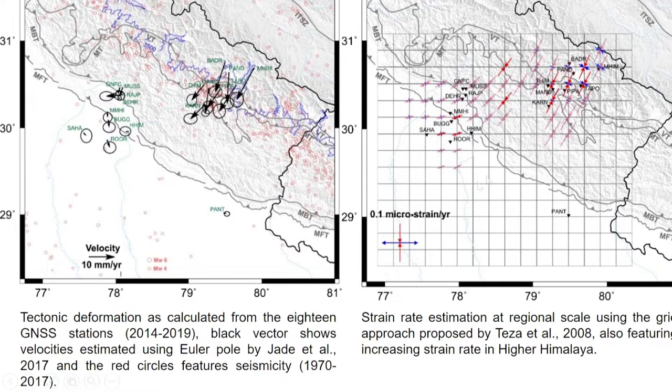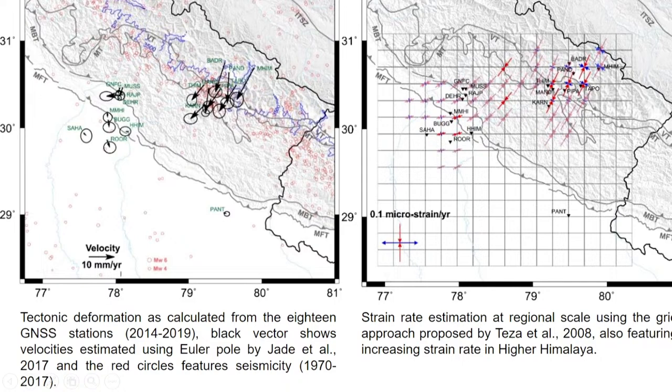With the help of this formulation, this strain rate has been estimated, and you can see the pattern, the orientation, and the kinematic nature of this Indian plate and Himalayan system, how the compression is going on, how the convergence is going on in this region.